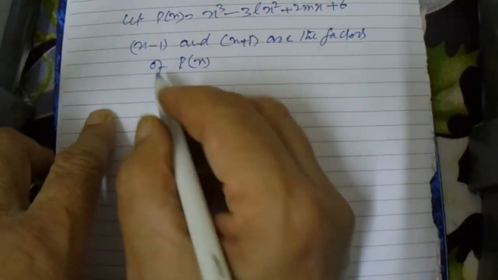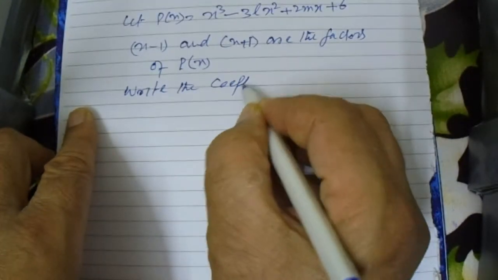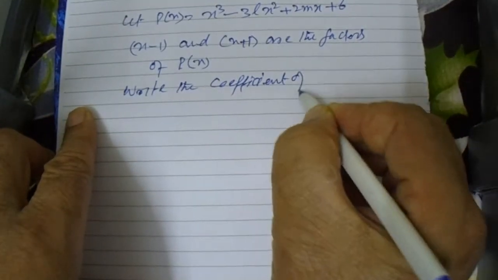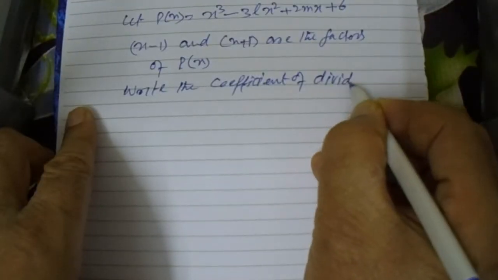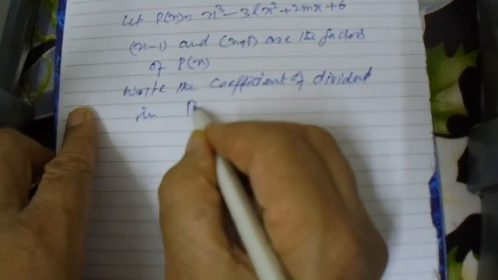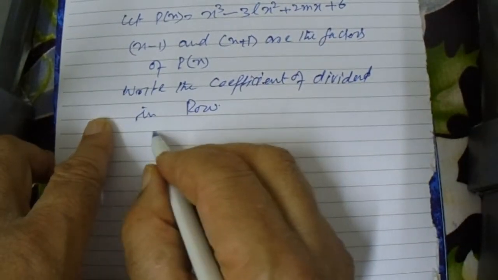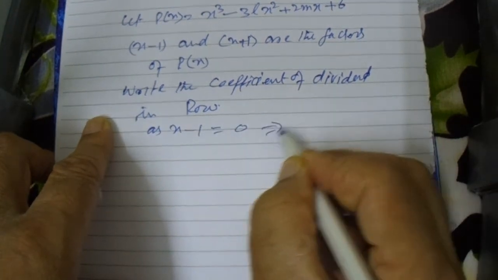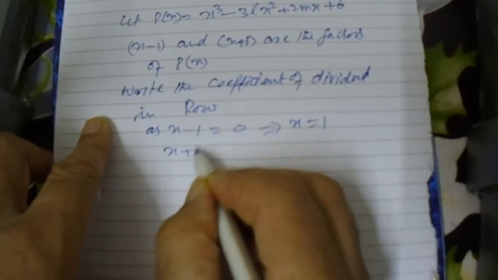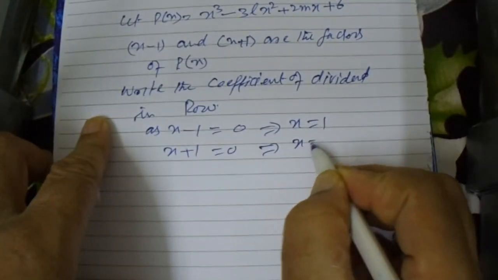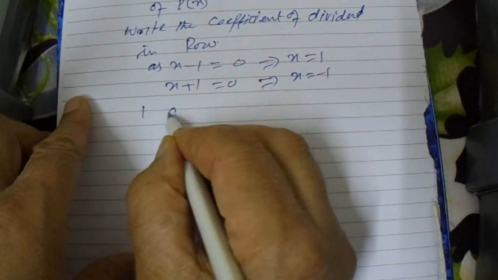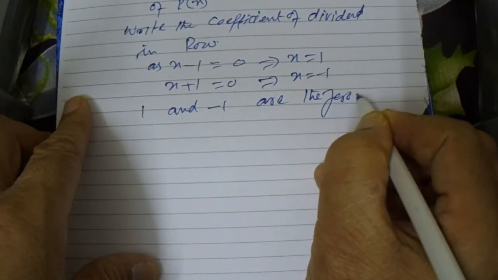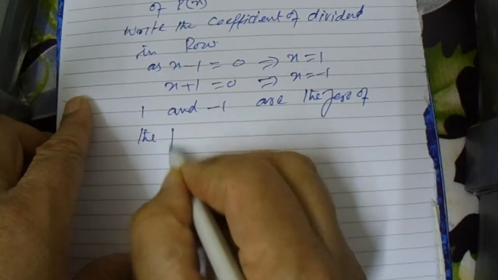Now again we write the coefficient of px, the dividend, in a row. As x minus 1 is equal to 0, here x is equal to 1, and x plus 1 is equal to 0, here x is equal to minus 1. It means 1 and minus 1 are the zeros of the polynomial.